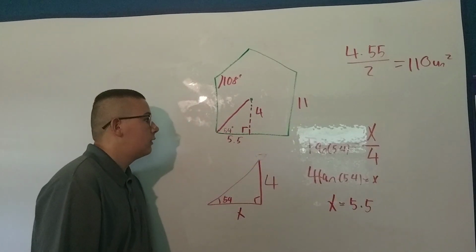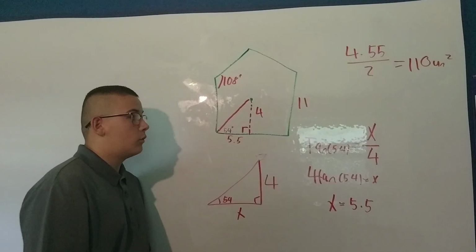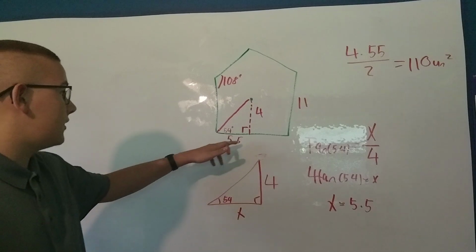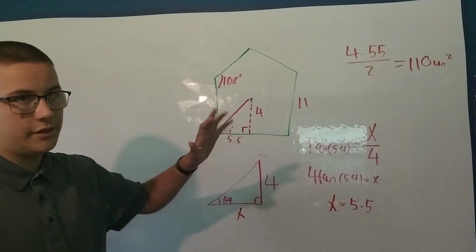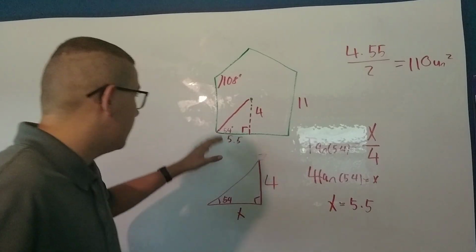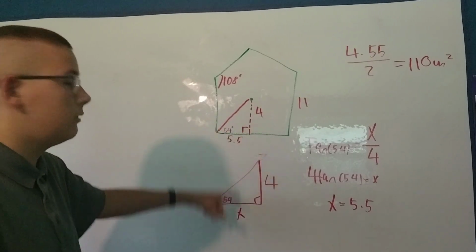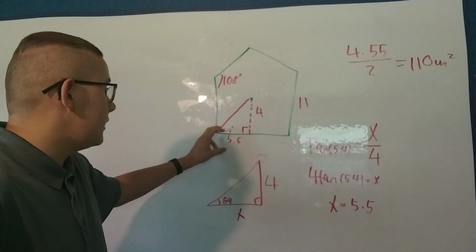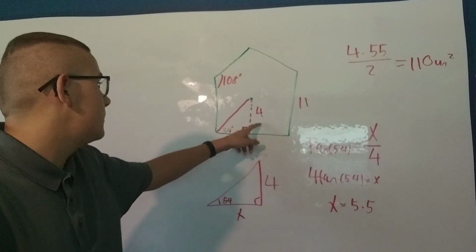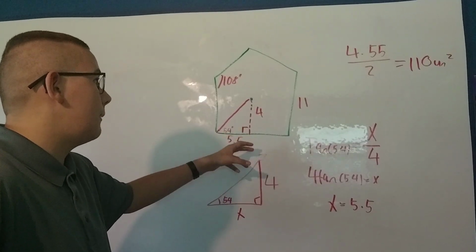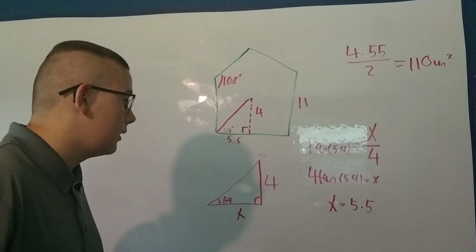So a trick here, or not a trick, but the order in which you should solve is, you solve for the angle. You solve for half the angle on one of your sides. Then you do trigonometry to solve for the missing side, whether it's the apothem or half. Then you find the perimeter times the apothem over 2.